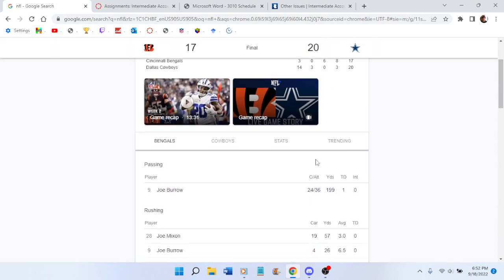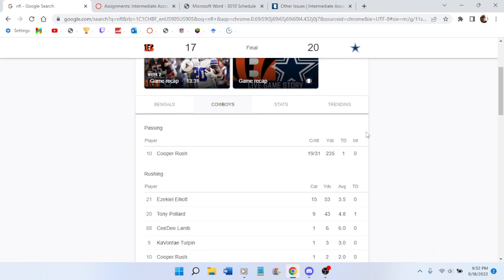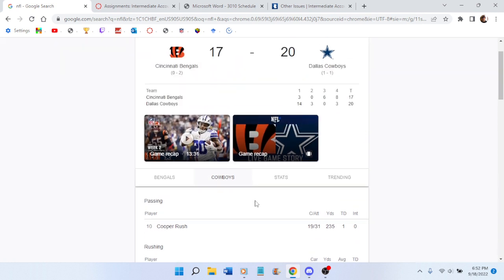Dude. The fun fact is that Cooper Rush has won both of his starts in the NFL.